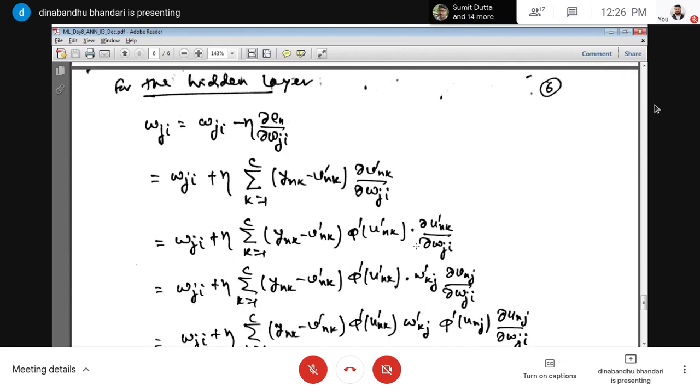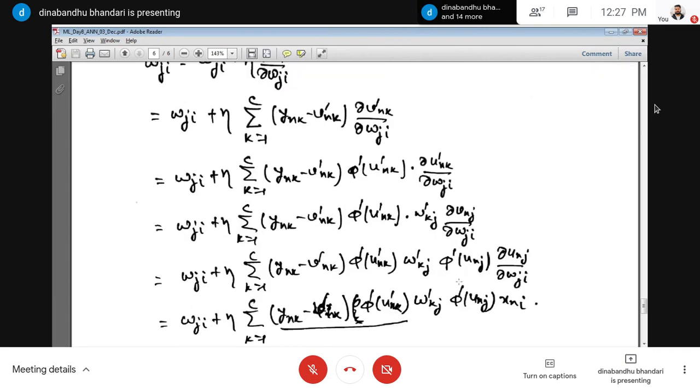Now del U-Nk will have W-Kj only, into del Vnj del Wji. Only Vnj has got Wji. Vn1, Vn2, no other Vn than Vnj has this one. So we differentiate this Vnj, and you will get phi dash Unj into del Unj del Wji, and this is very simple, right? Xni. So this is the one.